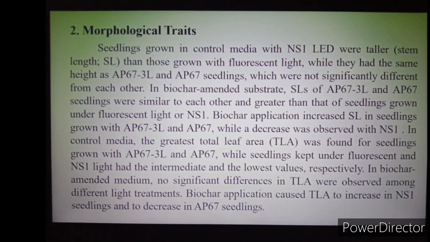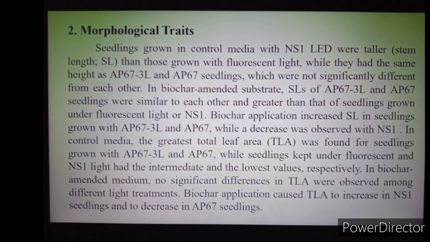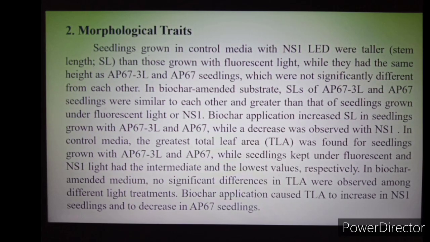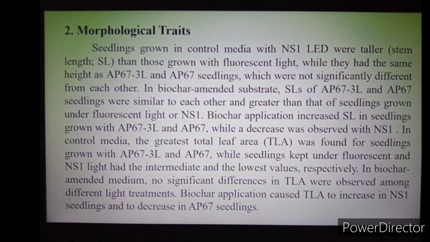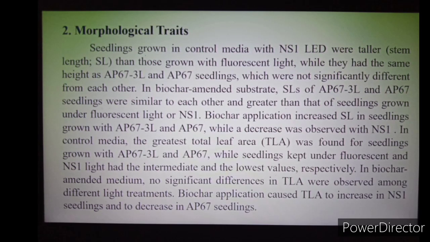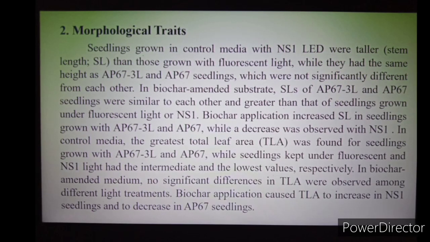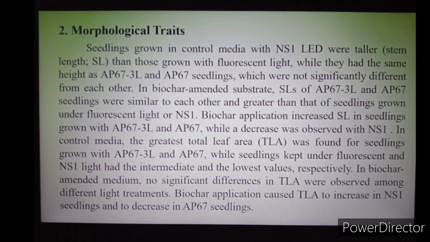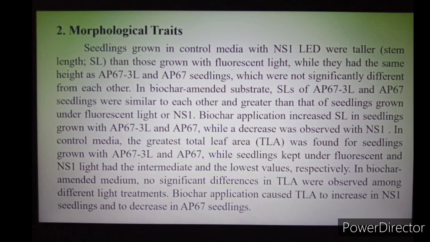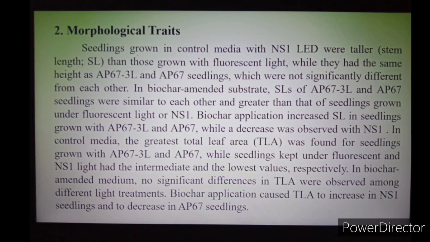Seedlings grown in control media with NS1 light had taller stem length than those grown with fluorescent light, while they had the same height as AP67 3L and AP67 seedlings, which were not significantly different from each other. In biochar amended substrate, SL of AP67 3L and AP67 seedlings were similar to each other and greater than that of seedlings grown under fluorescent light or NS1.